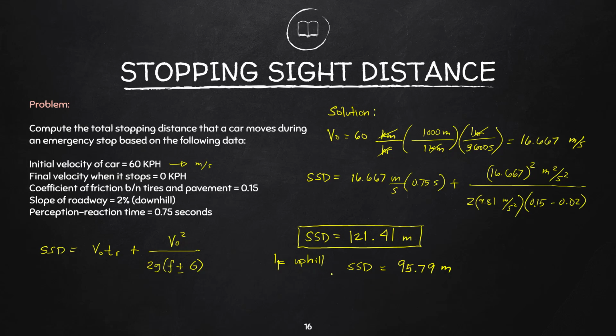So if the driver is going uphill, then it will have a shorter stopping sight distance required. Because, of course, using the principles of dynamics, it's easier to decelerate when you are going up. It's harder to do that if you are going downhill, because your weight is contributing to your acceleration.